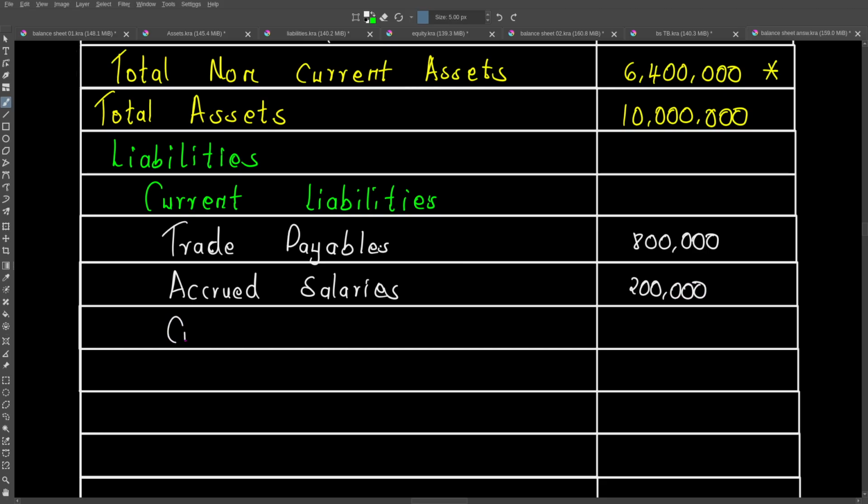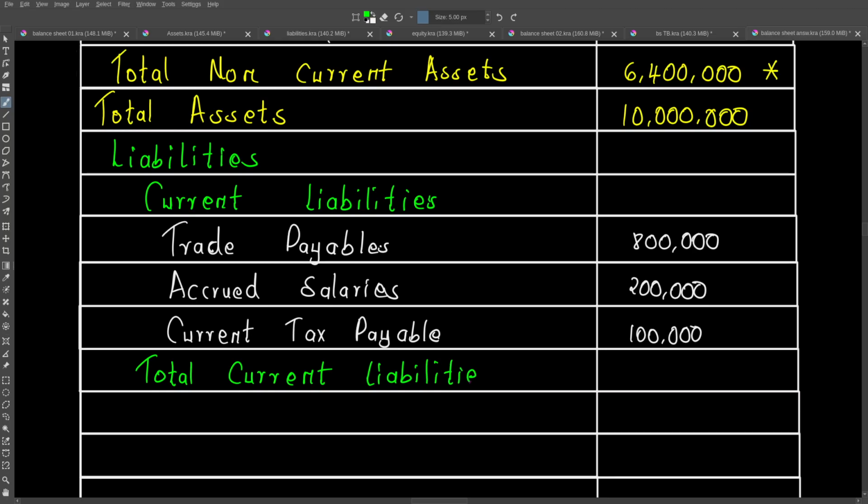Then we have current tax payable, an amount of 100,000. Okay, then we have the total of current liabilities. This is going to be an amount of 1,100,000.